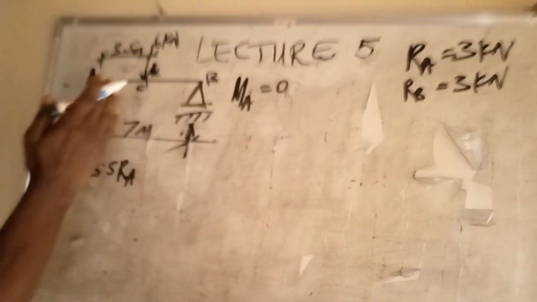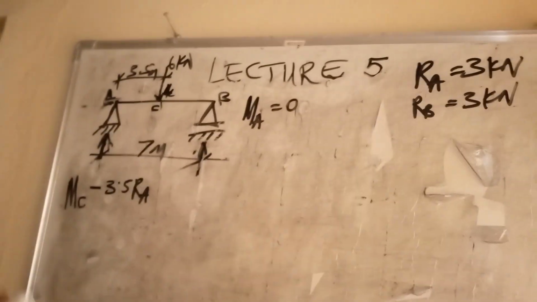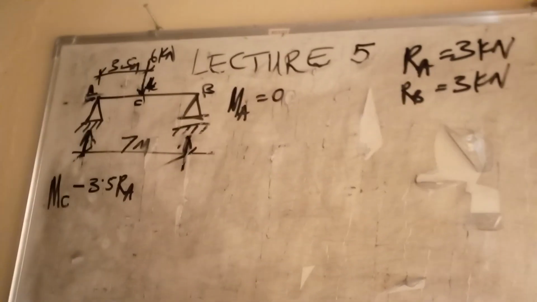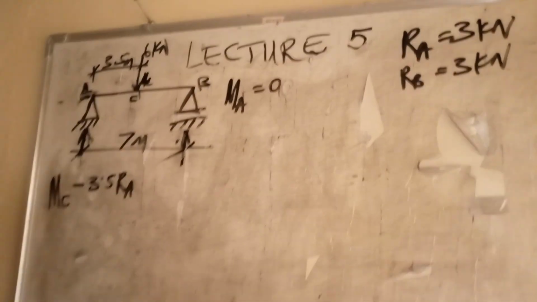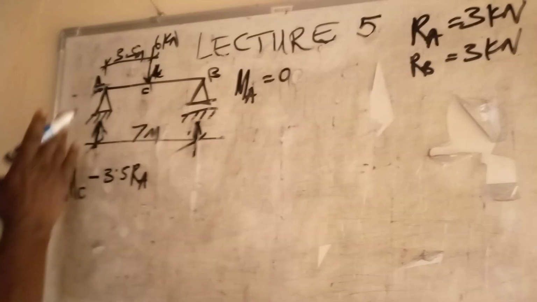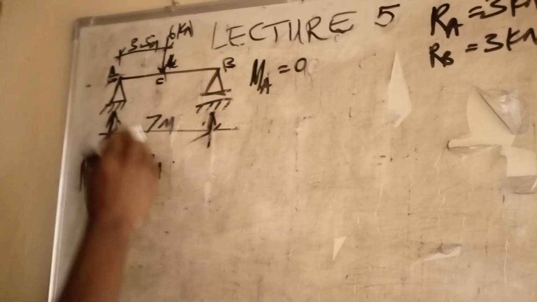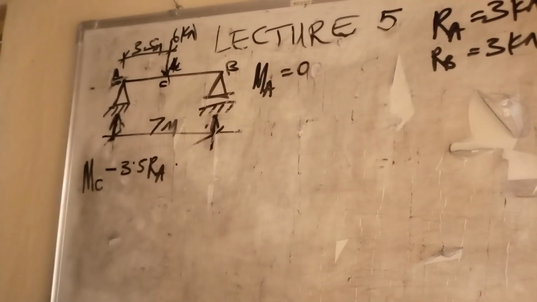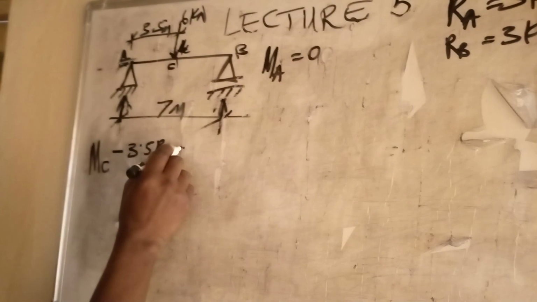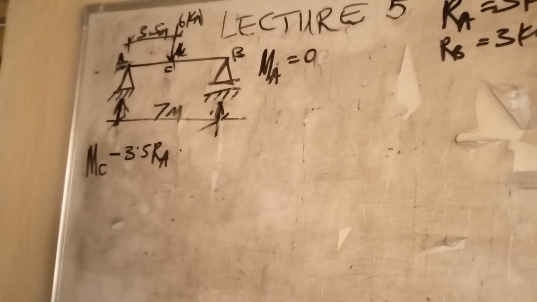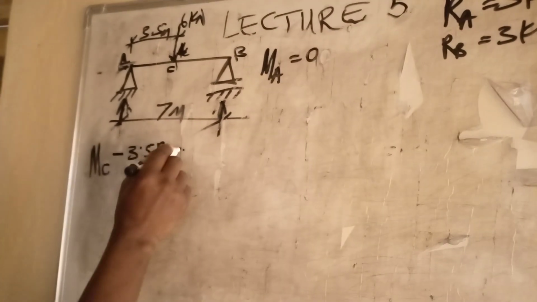Just like I said earlier, getting the bending moment is converting forces to moment. So there's no other force from A to C. That means for point C to be in equilibrium, the moment at that point is equal to 0.